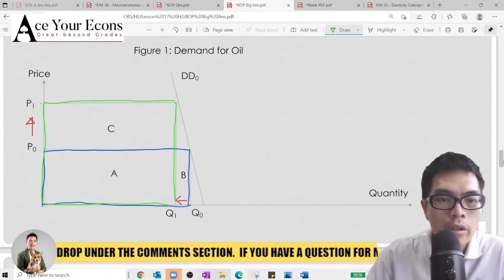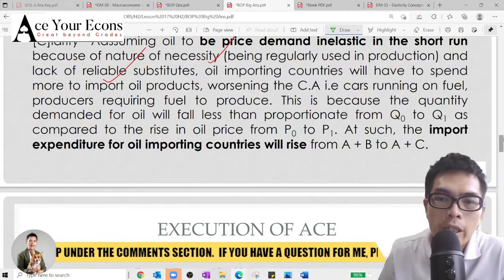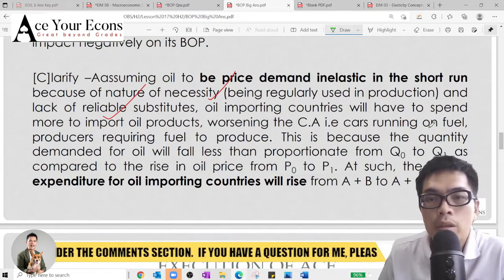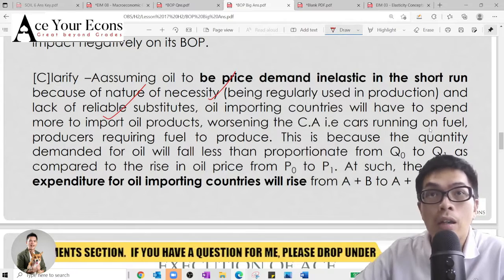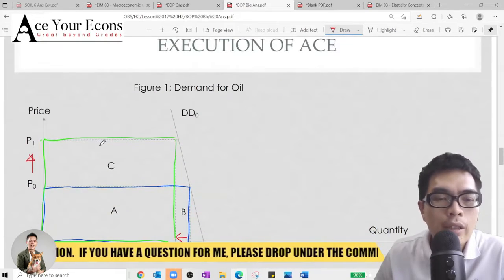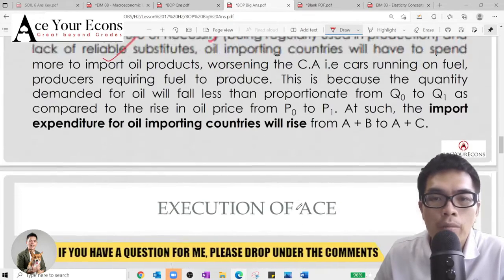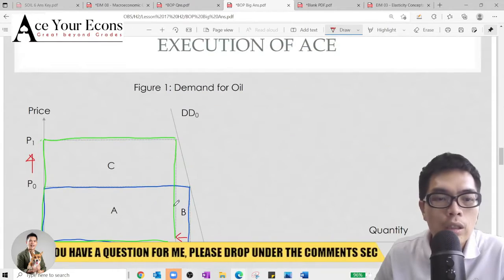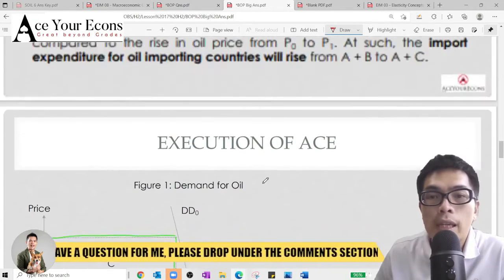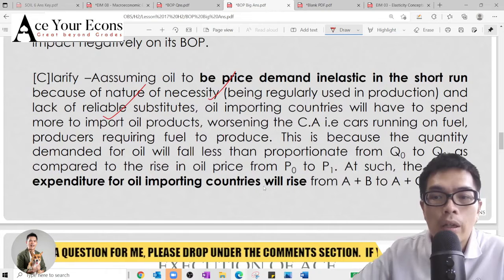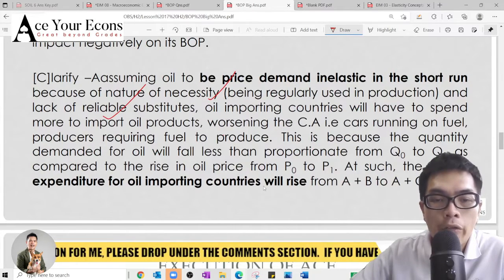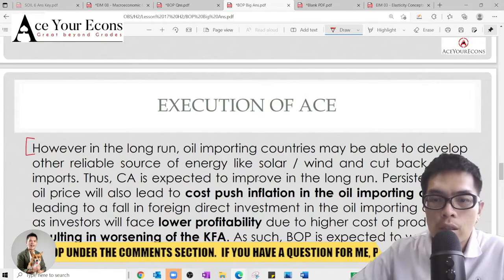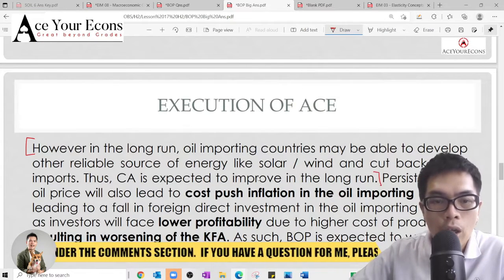We can see that the green rectangle is bigger than the blue rectangle. As a rule of thumb, whenever you want to illustrate spending or revenue, I recommend this diagram. You show this diagram and you can use areas to represent spending and revenue. So you can see that oil expenditure to buy oil from oil exporting countries will rise from AB to AC. The long run variation is not necessary.